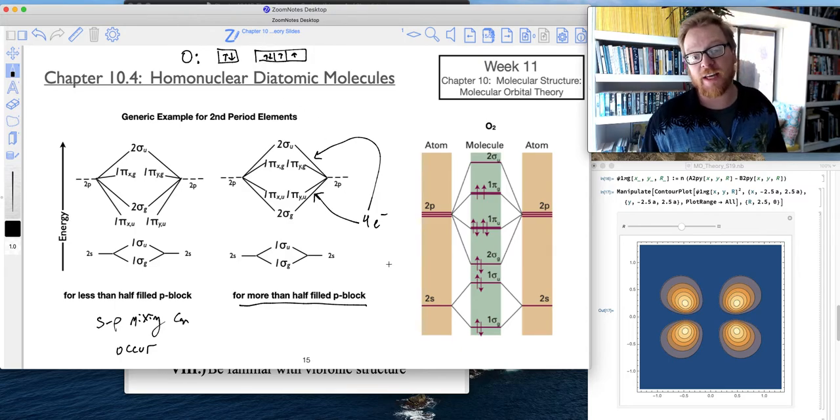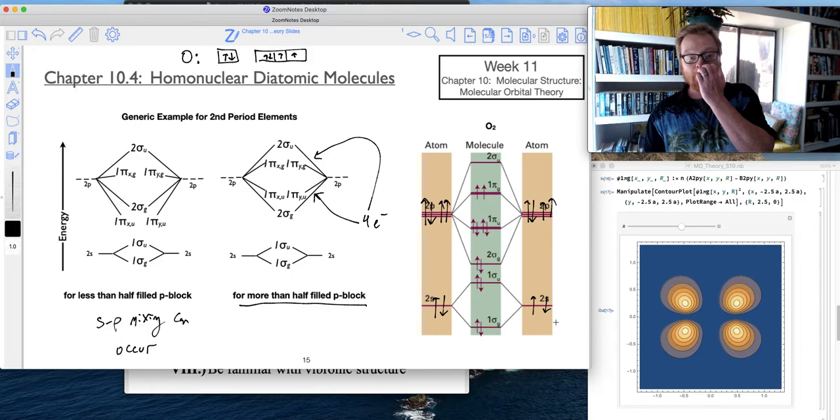So each oxygen is going to bring 6 valence electrons to the party. So I'll populate those over here in my AOs. I'm just going to put them all here so I know that I've got to use them.